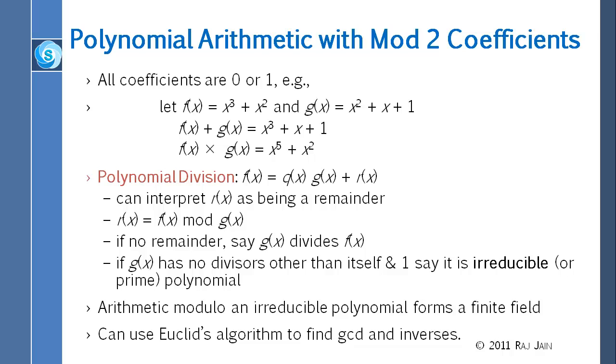That can be said as f(x) mod g(x). If the remainder is 0, that means there is perfect division, and g(x) divides f(x). And if g(x) has no divisor other than itself and 1, we say that it is a prime polynomial. Just like a number, if you cannot factor the polynomial anymore, then it is called an irreducible polynomial or prime polynomial.